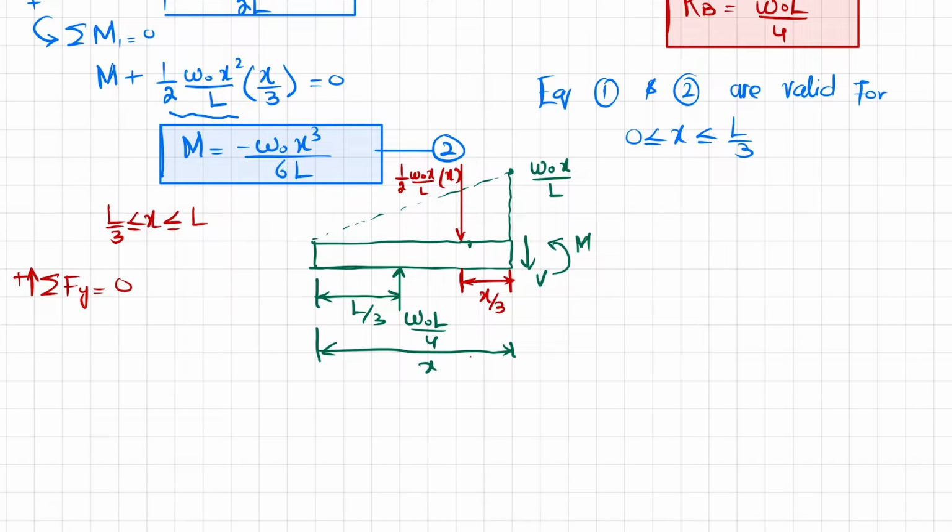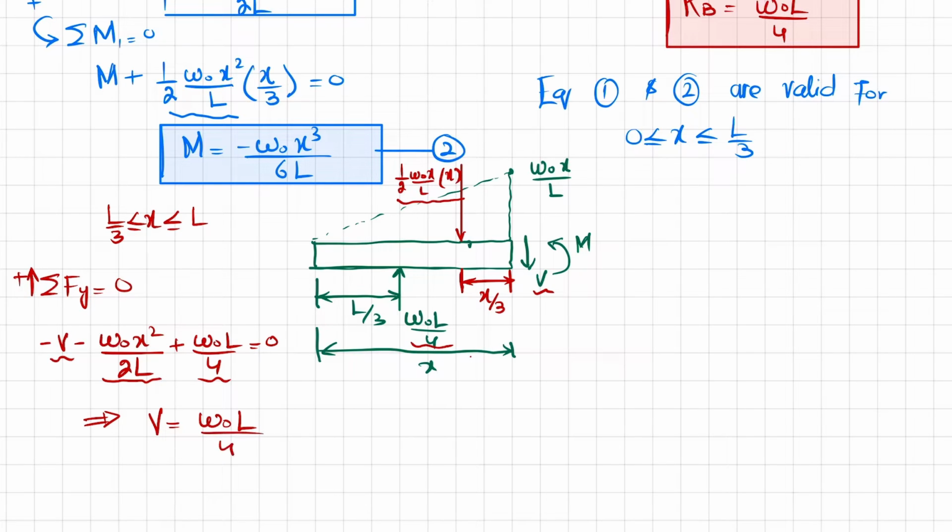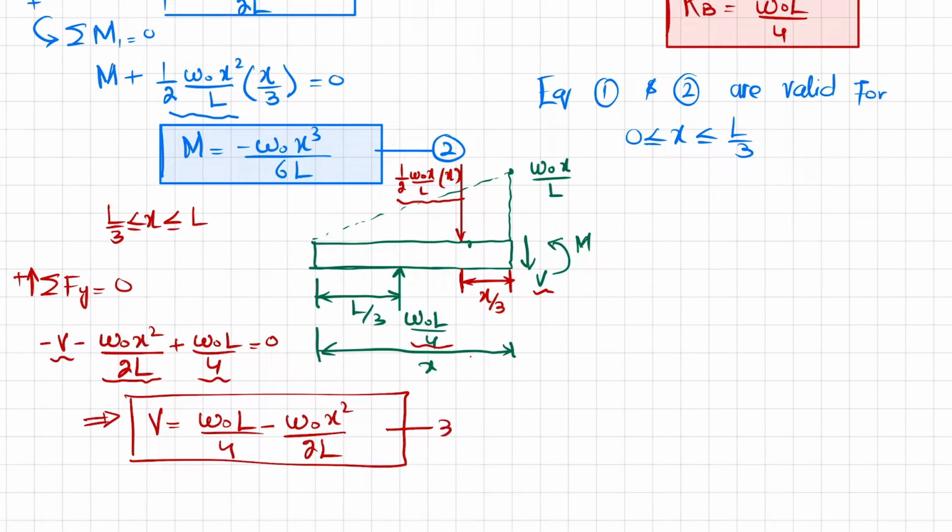So I will write it: minus V minus W naught X square over 2L plus W naught L over 4. Their sum must be equal to 0. And from here you will get V is equal to W naught L over 4 minus W naught X square over 2L. So this is your equation number 3.